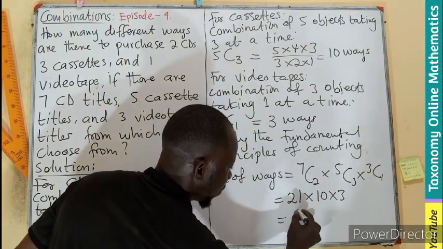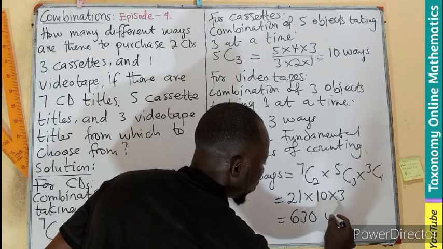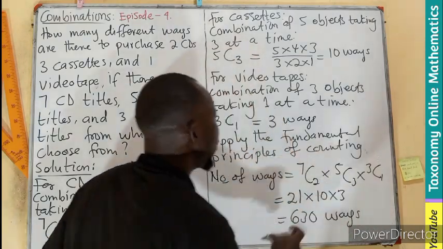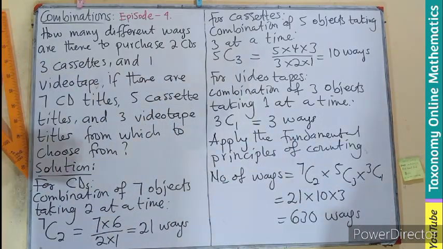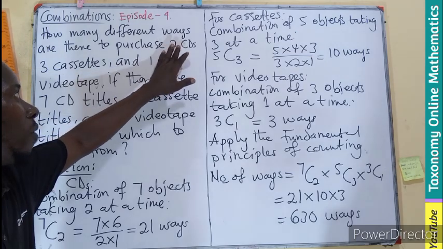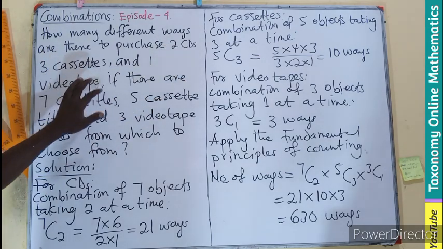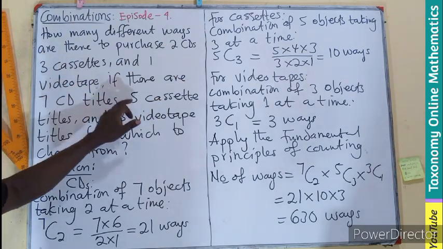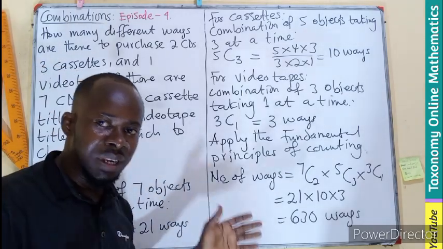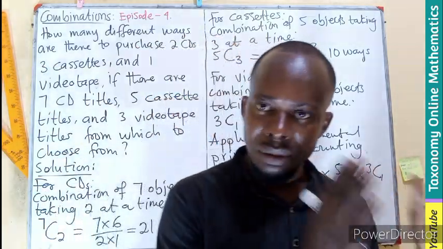This will be 630 various ways. So these are the number of ways by which we can make a selection of 2, 3, and 1 from 7, 5, and 3 CDs, cassettes, and videotapes, in that order.